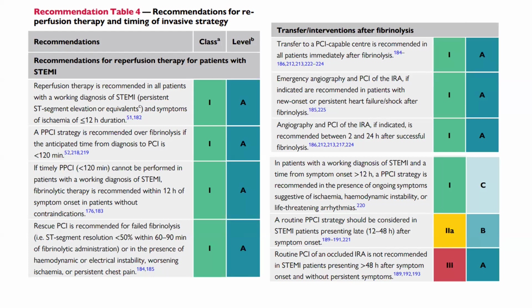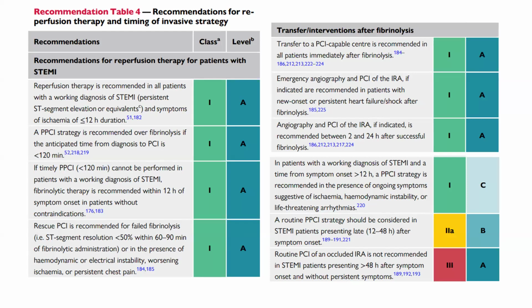Emergency angiography and PCI of the infarct-related artery, if indicated, are recommended in patients with new onset or persistent heart failure or shock after fibrinolysis. Angiography and PCI of the infarct-related artery, if indicated, is recommended between 2 to 24 hours after fibrinolysis, and that is the early coronary angiography with PCI. That is 2 to 24 hours.